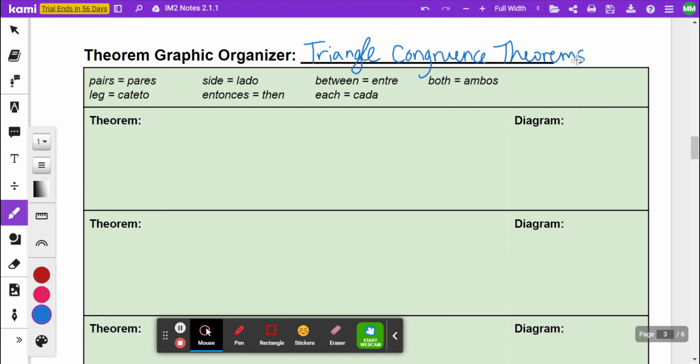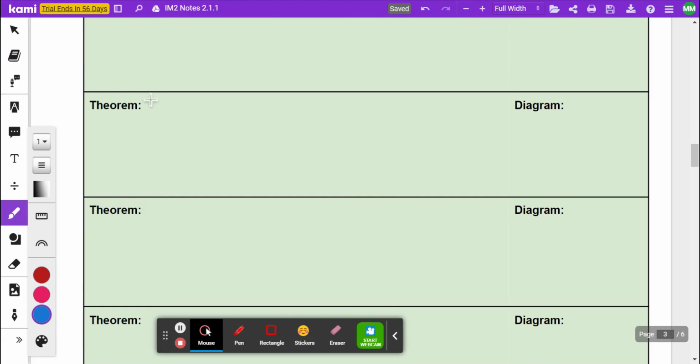And do you remember what they are? I'm going to name the theorems first. We have side, side, side. That's SSS congruence. We have side, angle, side.